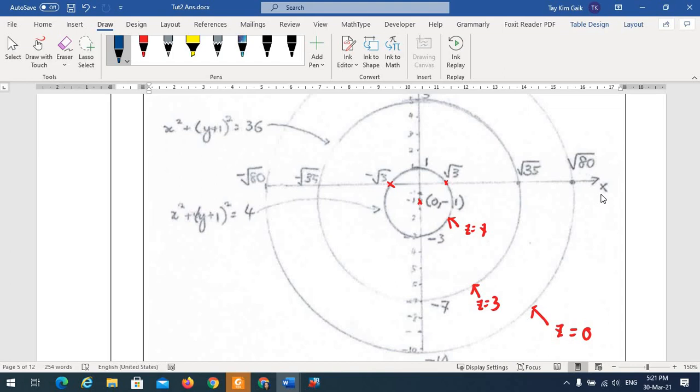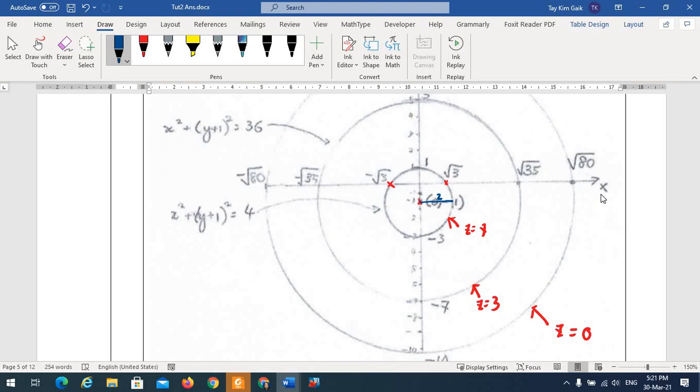Of course, you can use a compass to draw your circle, but if you want to say what is this value, it will be difficult. That's why from here to here should be 2, because the radius is 2. So we don't determine this point, we determine the x-intercept, because it will be easy. The x-intercept happens when y is 0. So we just determine the x-intercept, y-intercept.